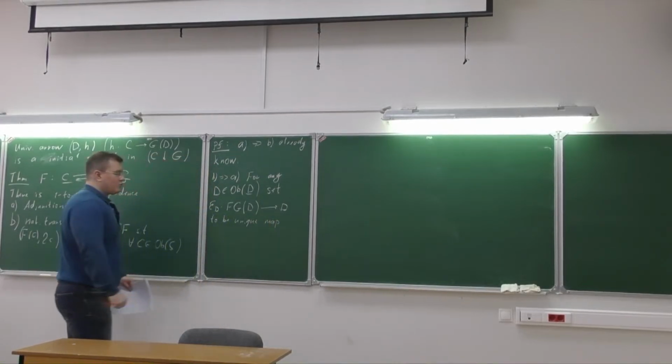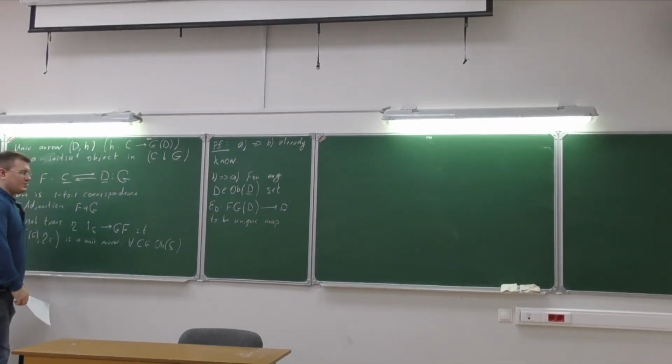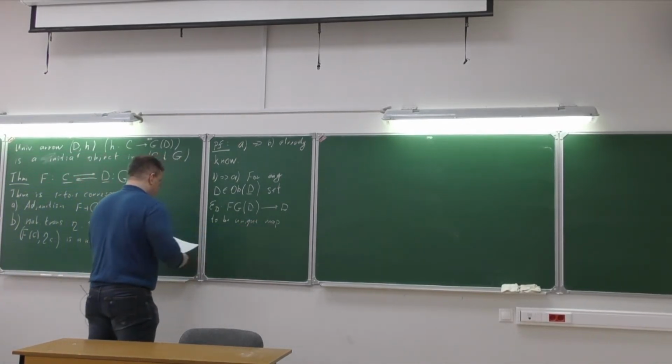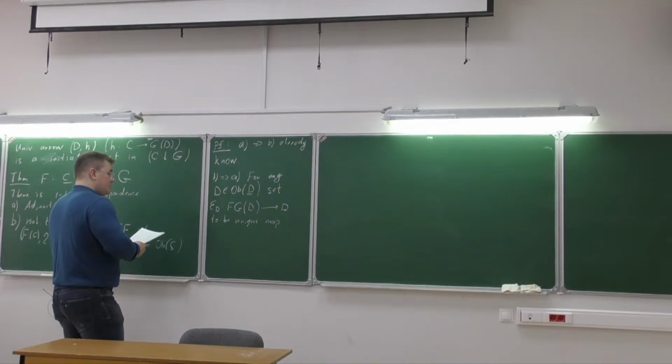So we continue to call arrows maps. Both arrows from this map, such that we set this to be the unique map.